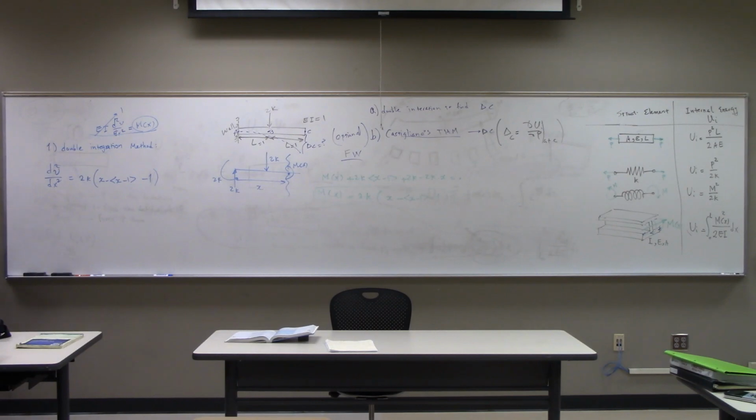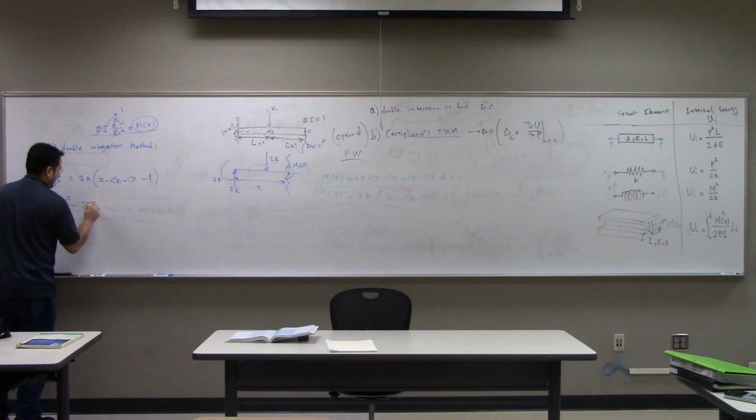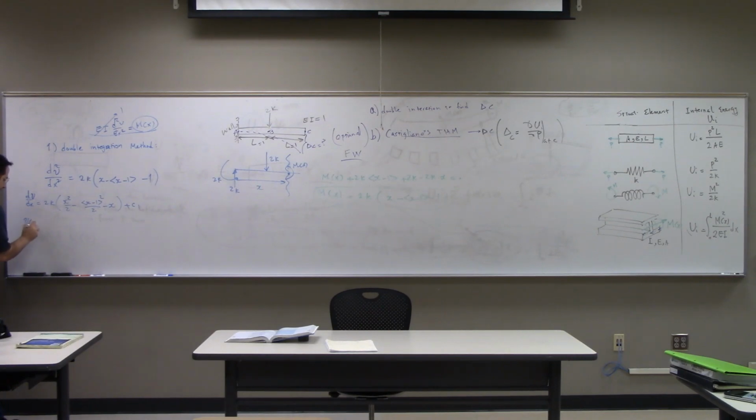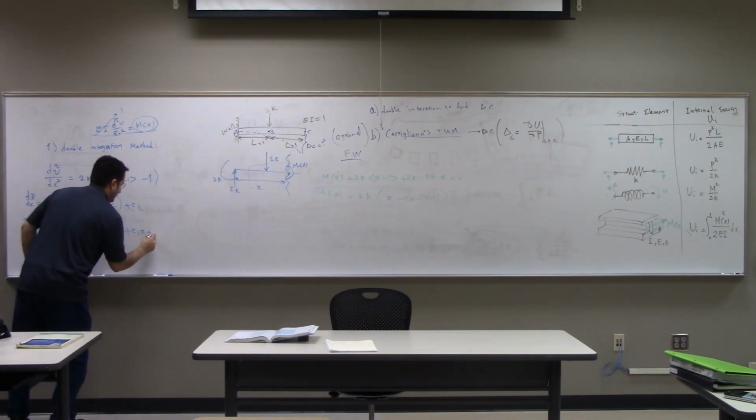You integrate it the first time, so you get dv/dx equal to 2k x squared over 2 minus (x minus 1) squared over 2 plus c1. One more time, v(x) is equal to 2k x cubed over 6 minus (x minus 1) cubed over 6 minus x squared over 2 plus c1 x plus c2.